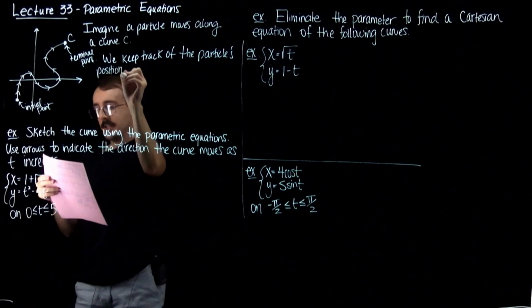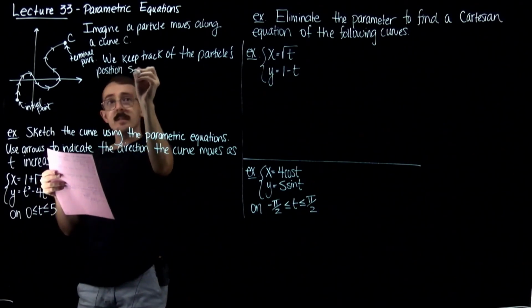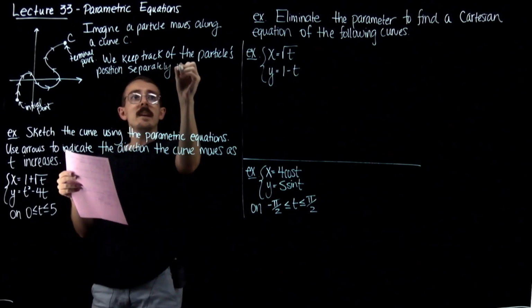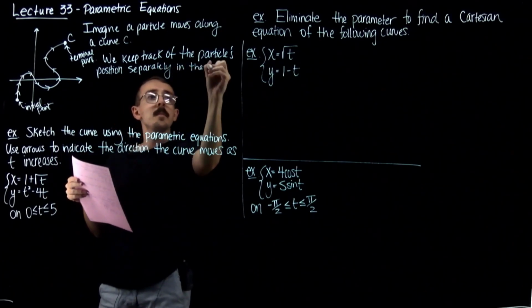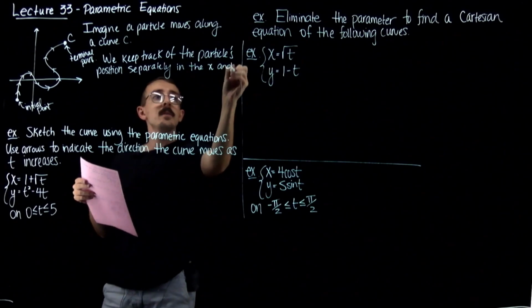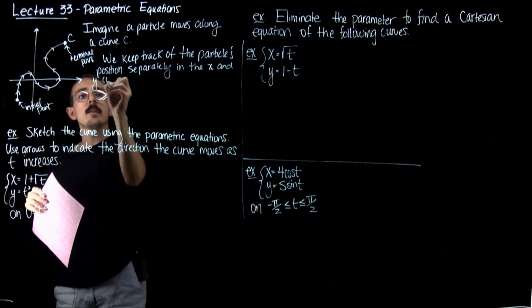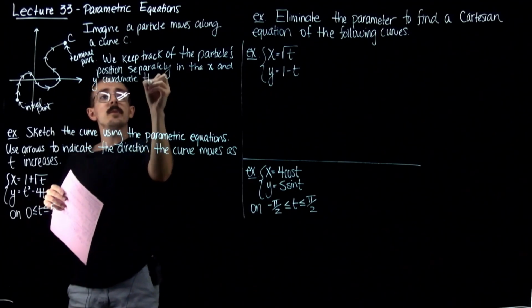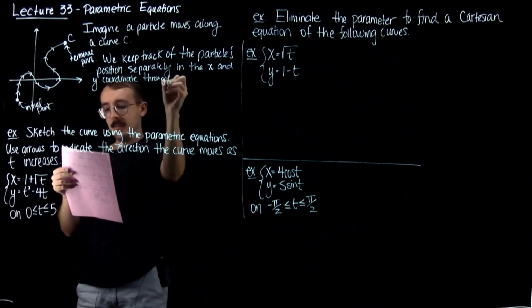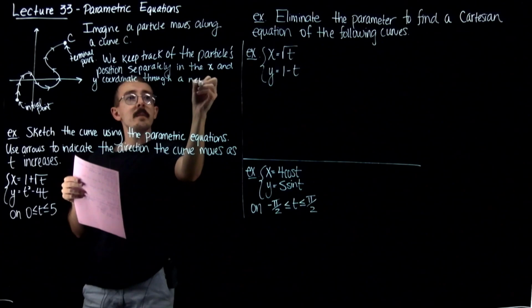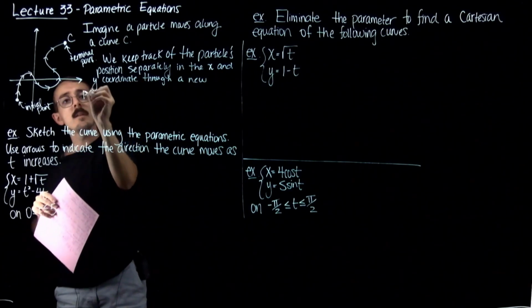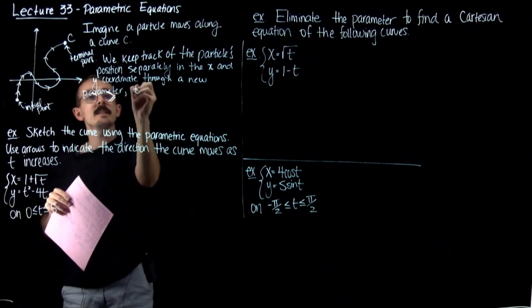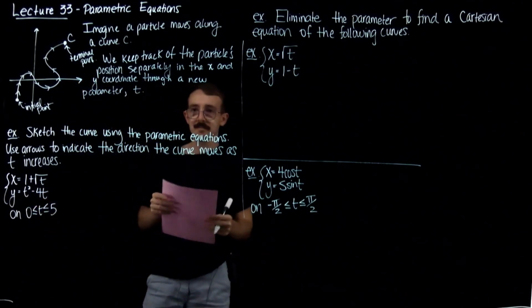Keep track of its position separately in the x and y coordinate through a new parameter, and we're going to call it t as our parameter.